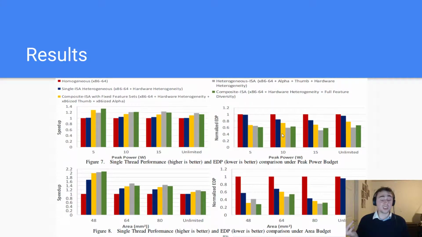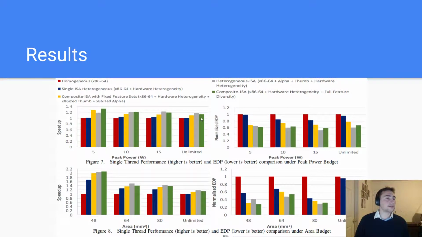We still care a lot about single thread performance. It's important that we don't just pretend everything is parallelizable or embarrassingly parallel. Over here, what we see is that as far as peak power goes, at these different power budgets, this is going to be speedup for performance.